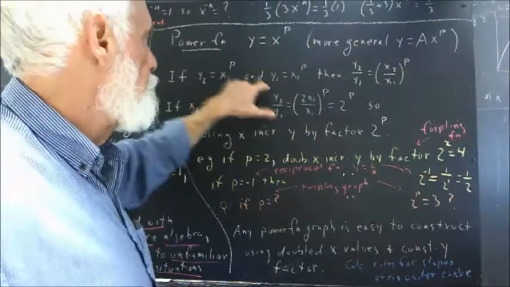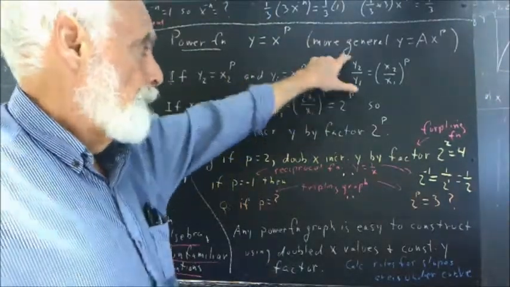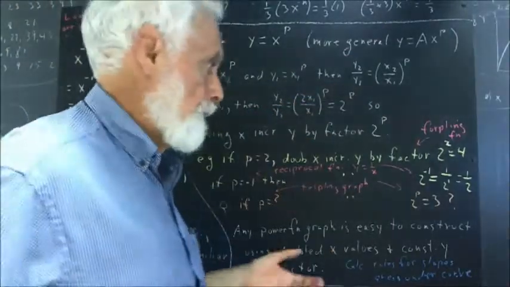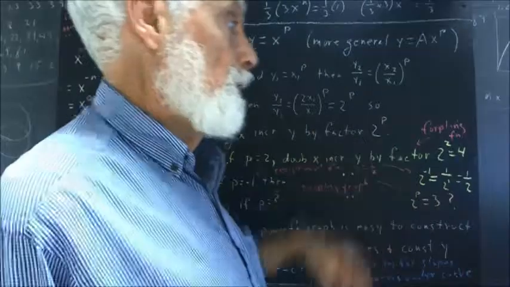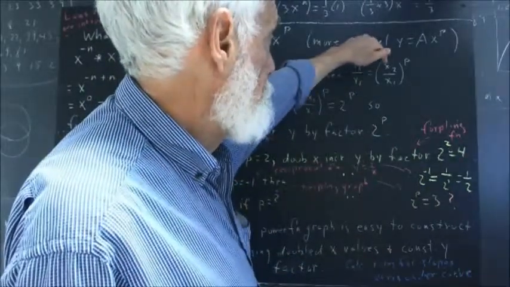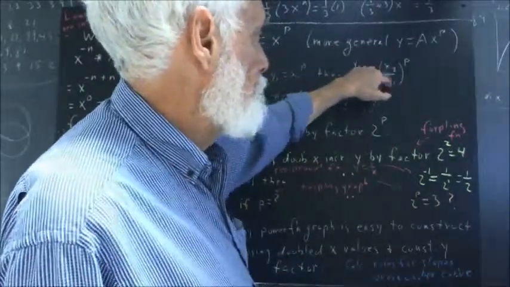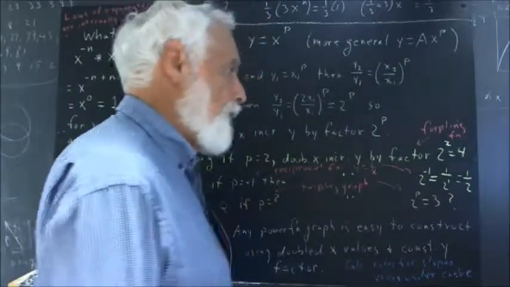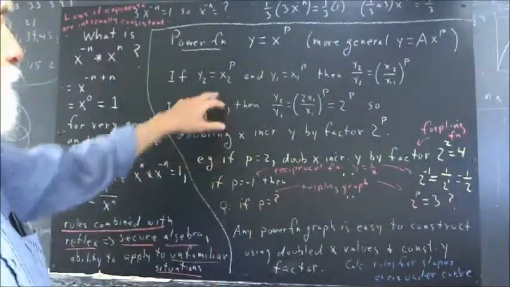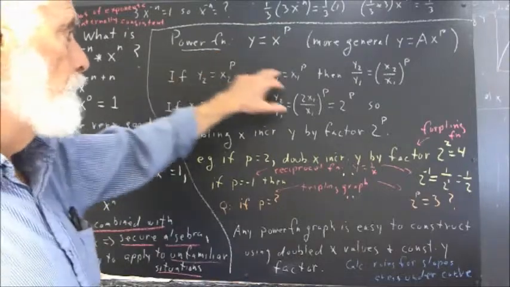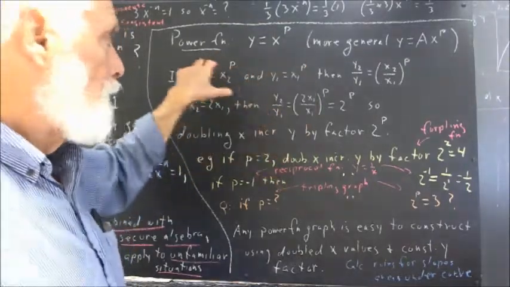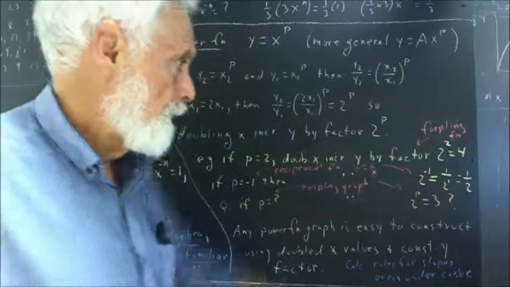If you do y2 divided by y1, we've seen the algebra of this, and I'm not going to go through the details of this algebra. If you have questions on this, please let me know. I'll be glad to go through them. But we have x2 divided by x1, quantity to the p power. Okay, so if we just take y2 over y1, it is x2 to the p over x1 to the p, and that equals x2 over x1 to the p.